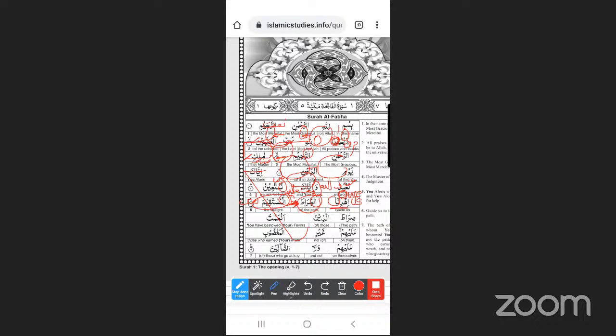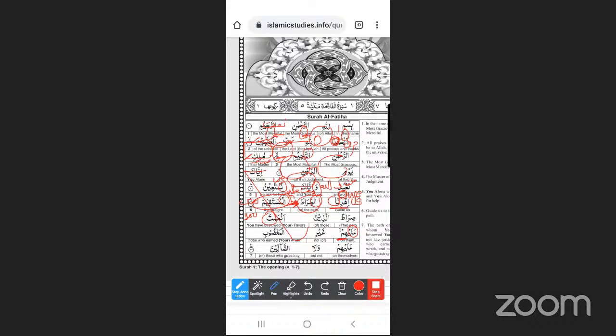Sirat al-lazina. Sirat is the path of al-lazina. Which path? Al-lazina, those. Al-lazina, the ending doesn't change, it remains the same. An'amta, you have bestowed your favor. Ta over here is for you. Okay. Alayhim, alay is harfijar. Him is an attached pronoun. Alayhim, on them.